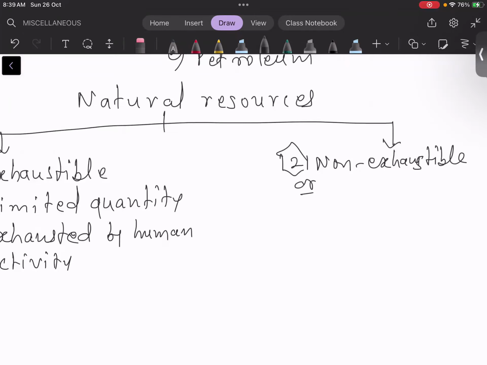Now, what are non-exhaustible resources? Non-exhaustible resources are also called inexhaustible resources.